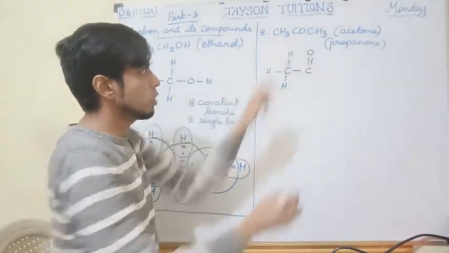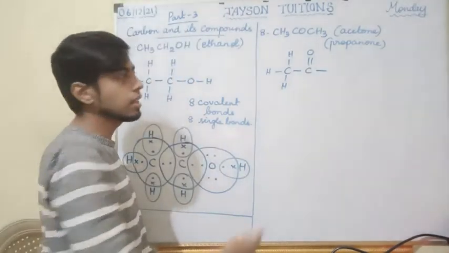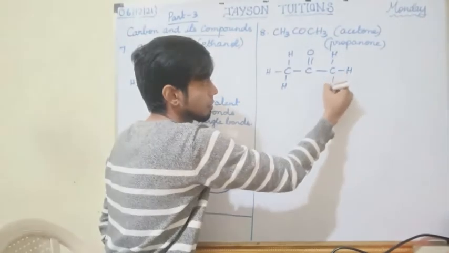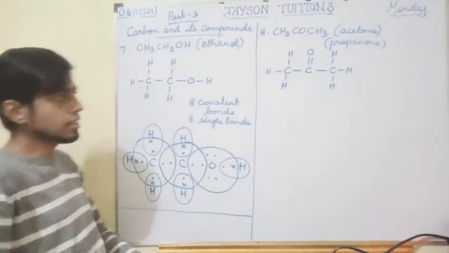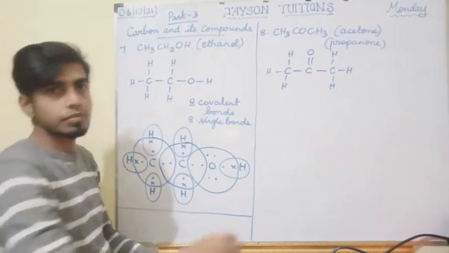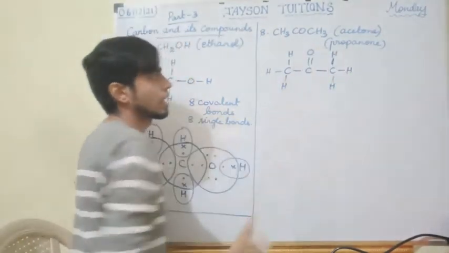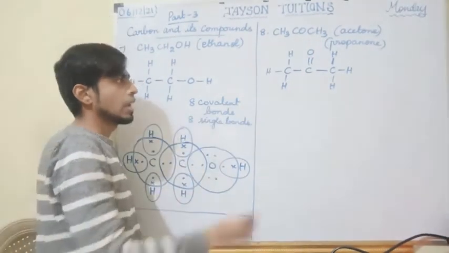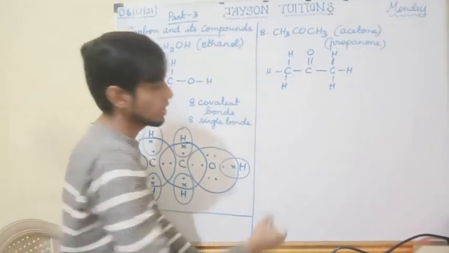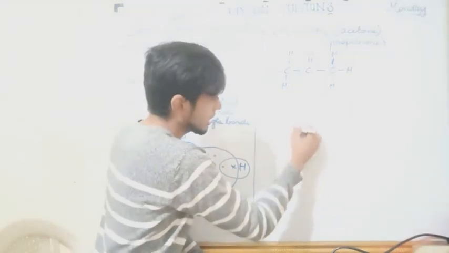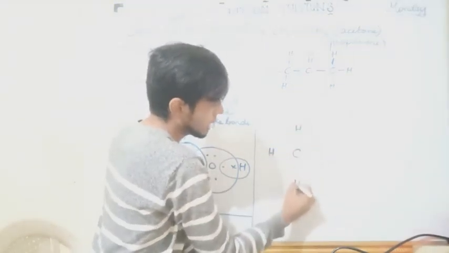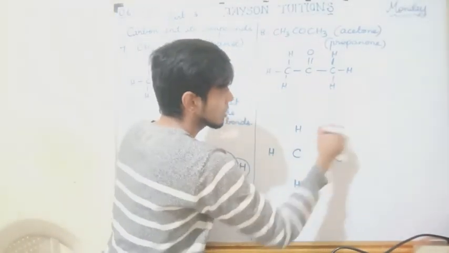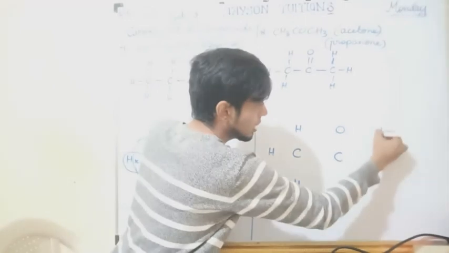Then there is no bond here, which means it is a single bond. Then it is CH3. Clear? Understood? So CH3COCH3. Now you know how to keep all the dots. CH3 will be like this. Then again one carbon on top of this oxygen and CH3.